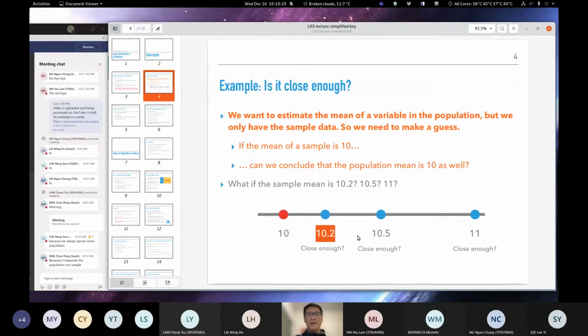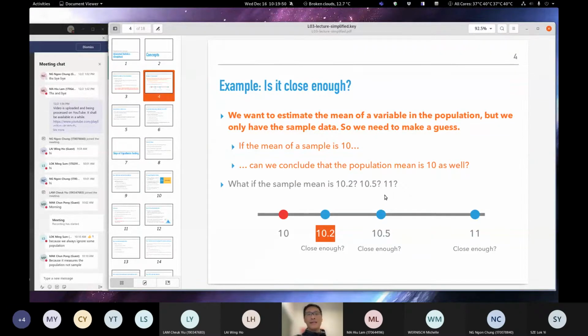So people may think, well, okay, there is only a 0.2 difference here. So maybe this difference is due to random error, and the population mean is still equal to 10. Okay, so this is how some people might consider in this case.